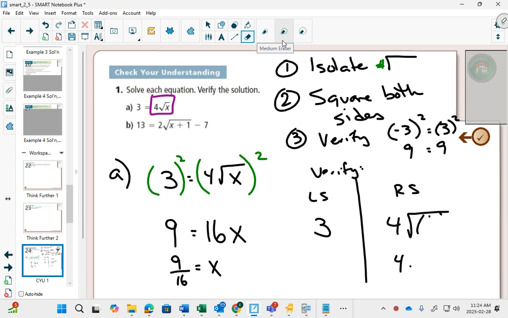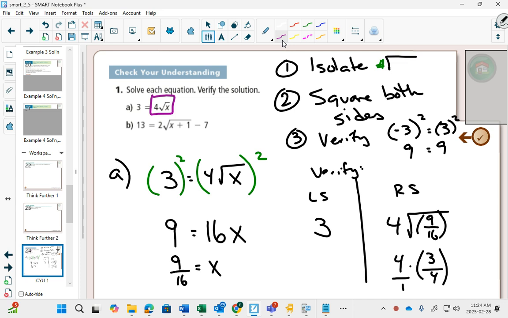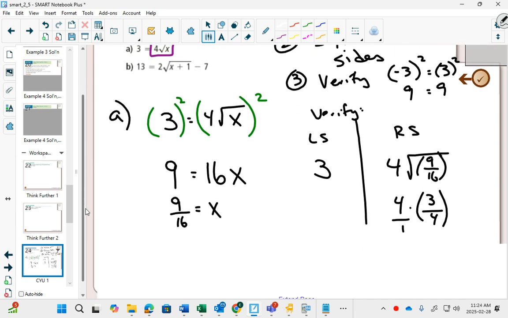Sorry. The answer was 9/16. Square root of 9 is 3. The square root of 16 is 4. How do we multiply fractions? Multiply the tops, multiply the bottoms. Maybe you see that those 4s would just simplify to 1. And we get 3. These are identical, so that means that our final answer, we can put a check mark and circle it. It is the right answer.